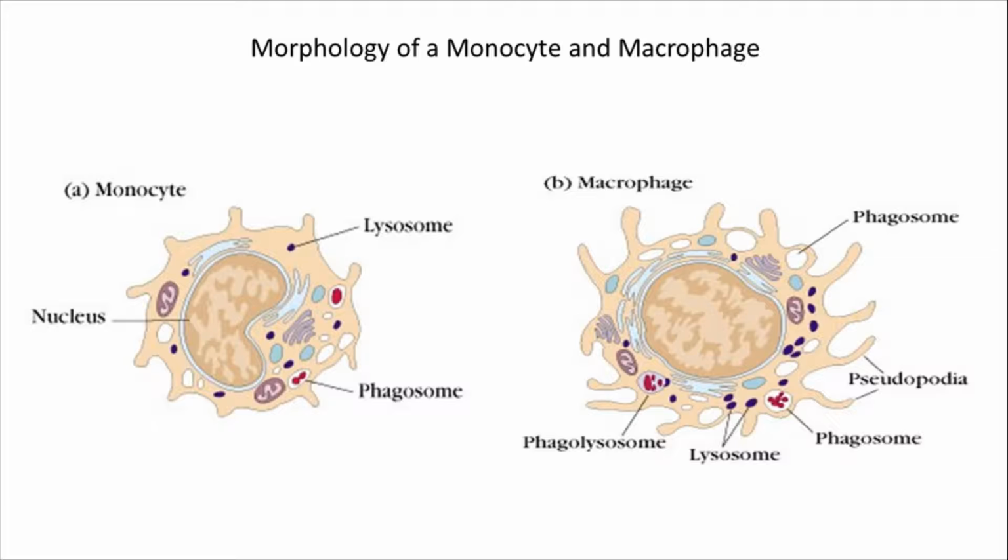Regarding size, the monocyte increases 10 times when it enters the tissue, so the macrophage is much bigger than the monocyte.